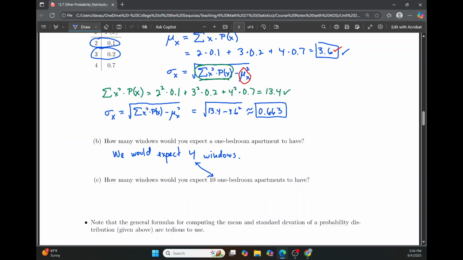So really what we should do is multiply 3.6 times 10, right? 10 times 3.6 isn't 40, it's 36. So we would expect 36 windows.